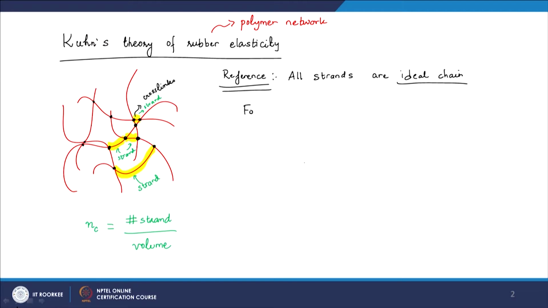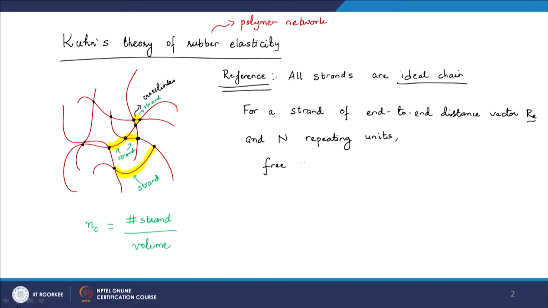So, for a strand of end-to-end distance vector RE and n repeating units or segments, we can write the free energy as equal to the elastic energy, which is given by this that we have derived for the ideal chain.